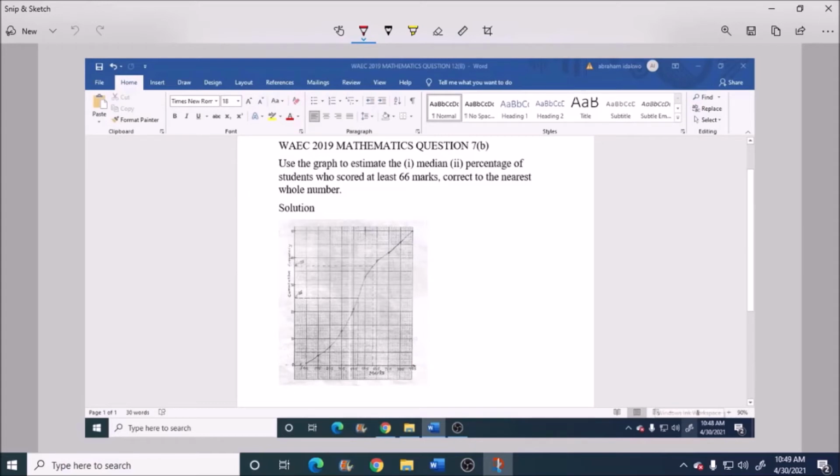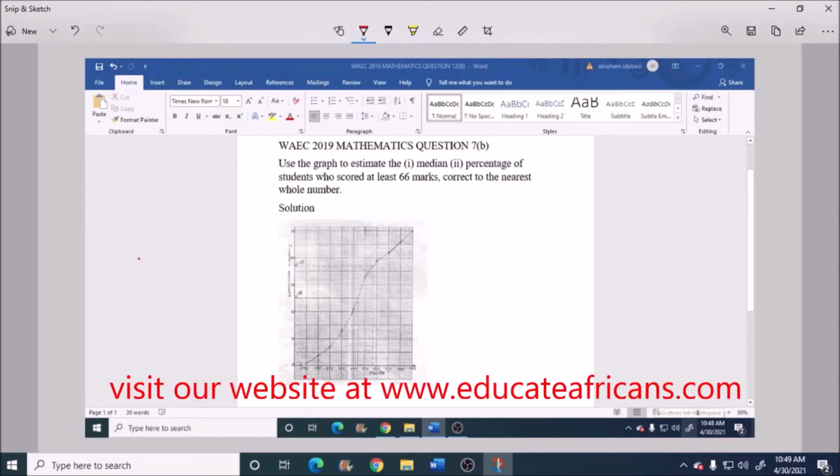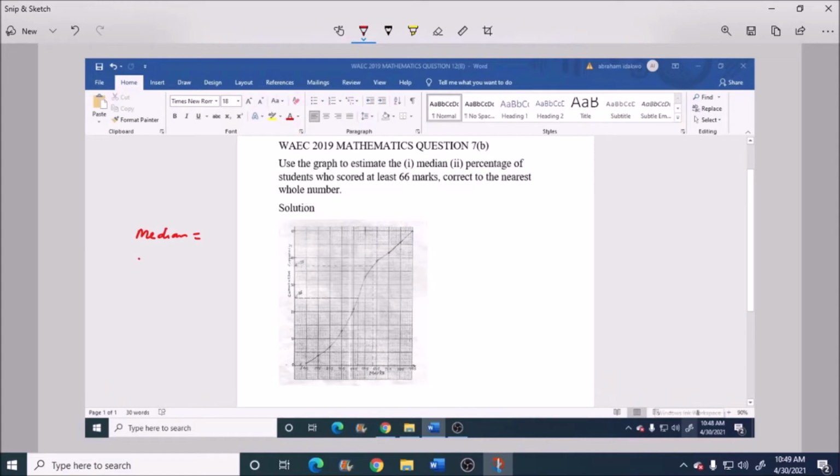So the median is equal to the n over 2 th mark. So we have 50 over 2. This is the 25th mark.